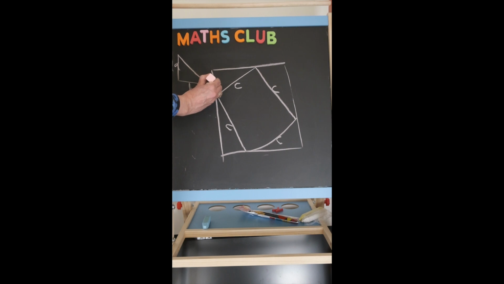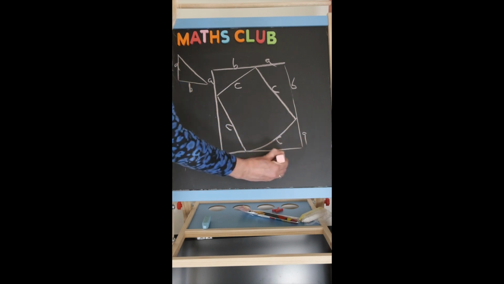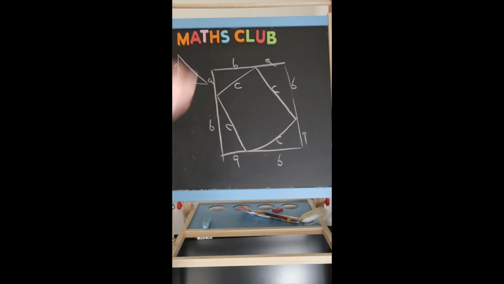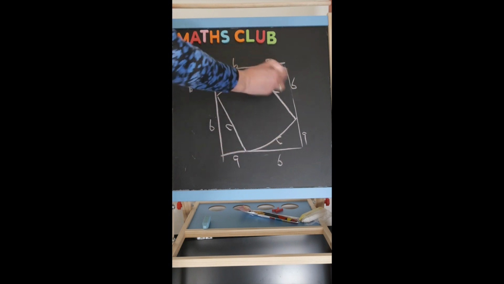So you've got A, B, A, B, A, B. So basically the area of this square here is the area of this square minus the triangles.